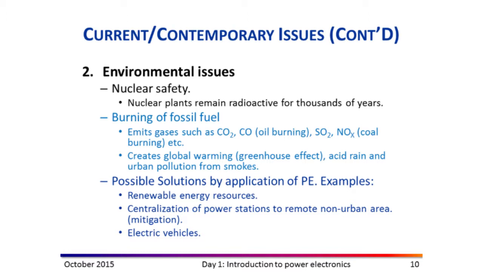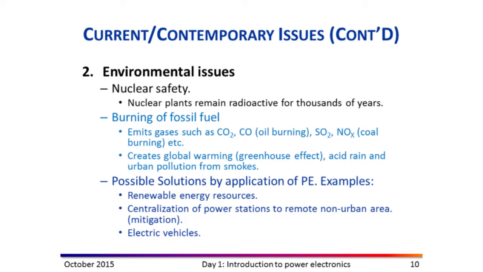So this is the environmental side. You can see it in different places. Also, if you look at nuclear safety, plants produce radioactive materials and they can cause pollution. Burning fossil fuels can also pollute and create global warming.